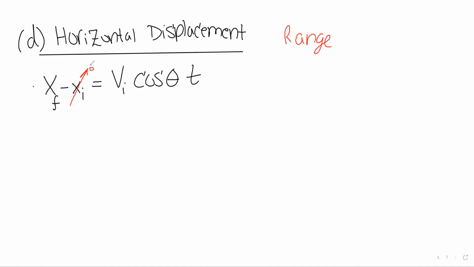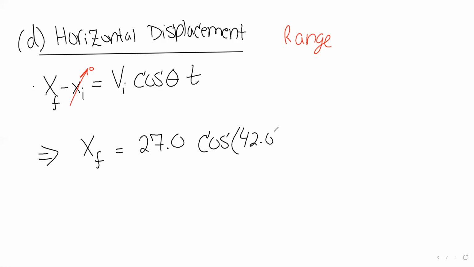So again, it's just more proper. It's a good habit. Remember, a lot of people just write x equals, and then you just remember x is your x final. Good. So we get x, or more specifically x final, should be v initial times cosine of 42 degrees times time, which was 3.69.